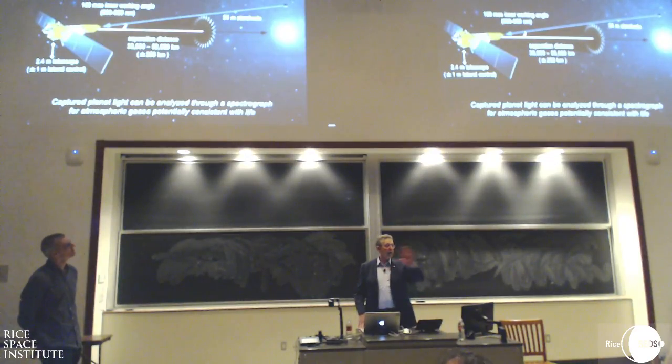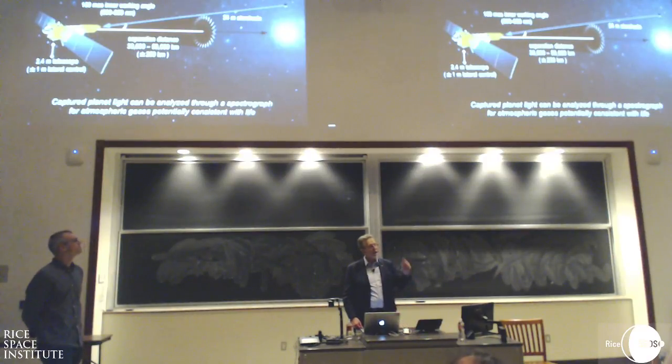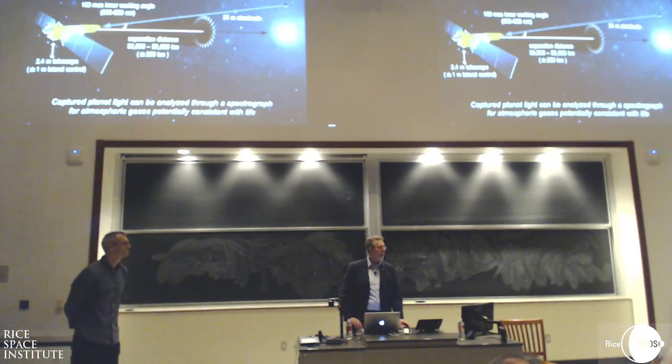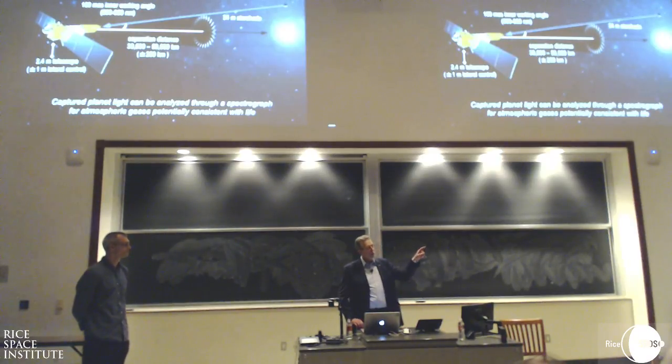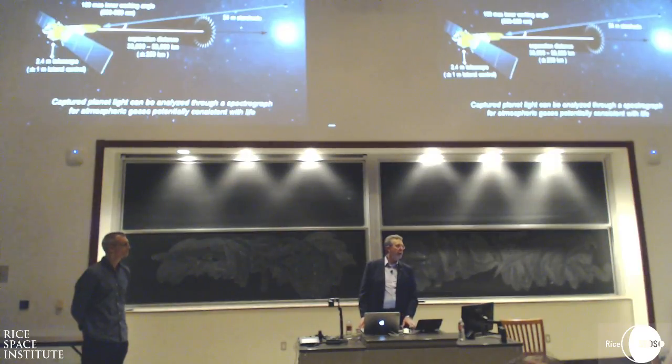So you've got to get rid of the starlight, and you've got to have a big enough telescope where you can actually see the light from the planet. So this is really a challenging mission, but it is indeed another big step for us to be able to look at the atmosphere and then make comparisons between that and the atmospheres of our own planets in our own solar system, so that we can understand if they're habitable or not.